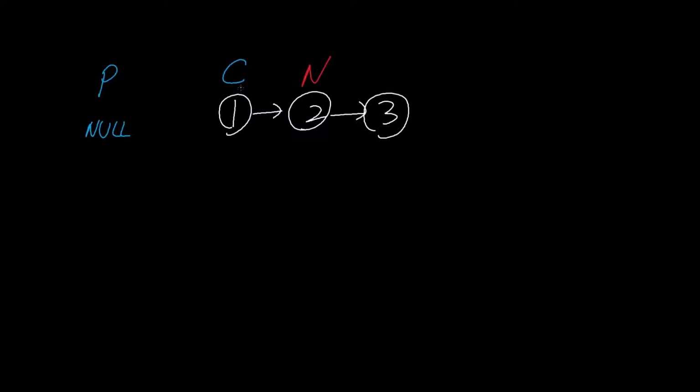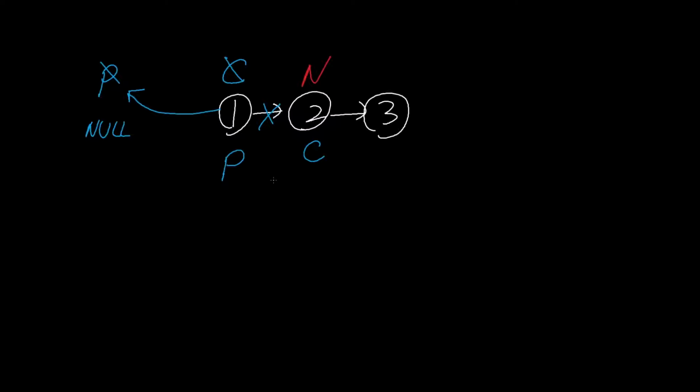We change the next pointer of the current node to point to previous, right? And change the previous pointer here, and the current pointer to the next pointer, right? So it becomes this situation.